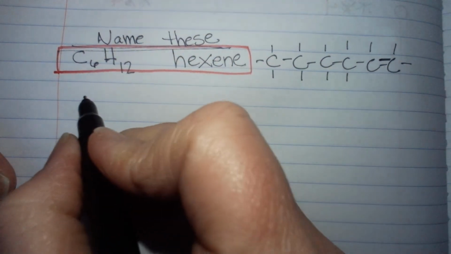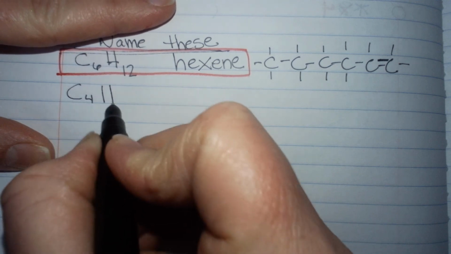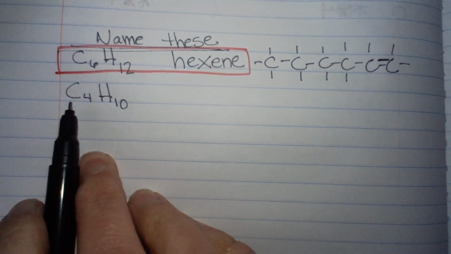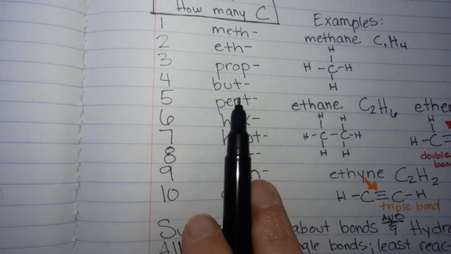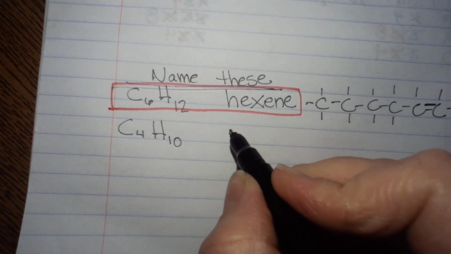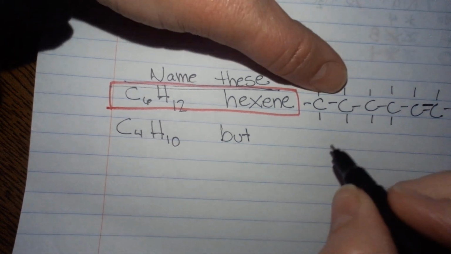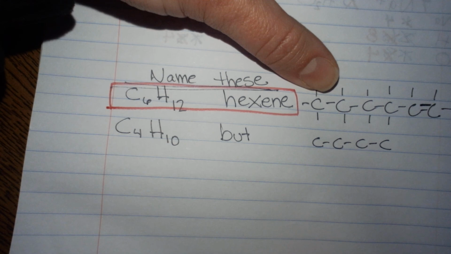Alright, let's do another example then. Let's go with C4H10. Well, first thing I know, I have 4 carbons, so I come back to my prefixes list, and I know 4 carbons is going to start with but. And then I think, well, okay, let's draw it out. 1, 2, 3, 4.